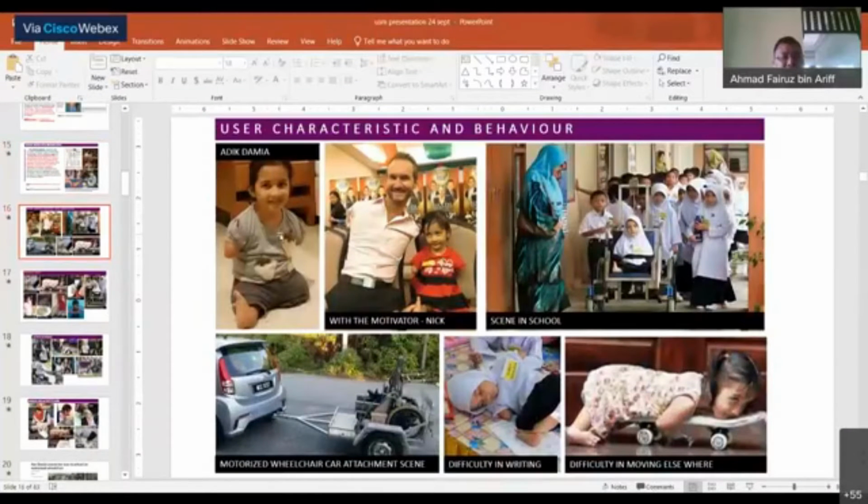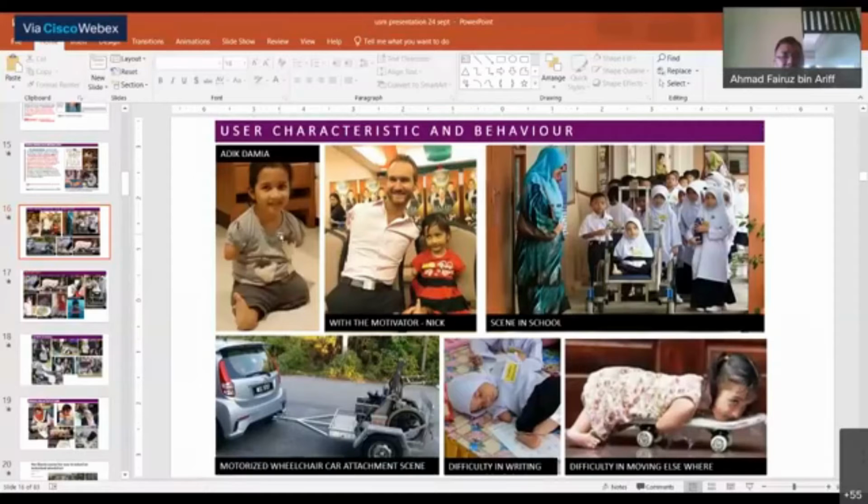All right. Next, we go straight to the user. So this is the user, Adik Damia. So the case study, and then the detailed data of this person. On the school scene, and then in the house, and the difficulty that this child faces.